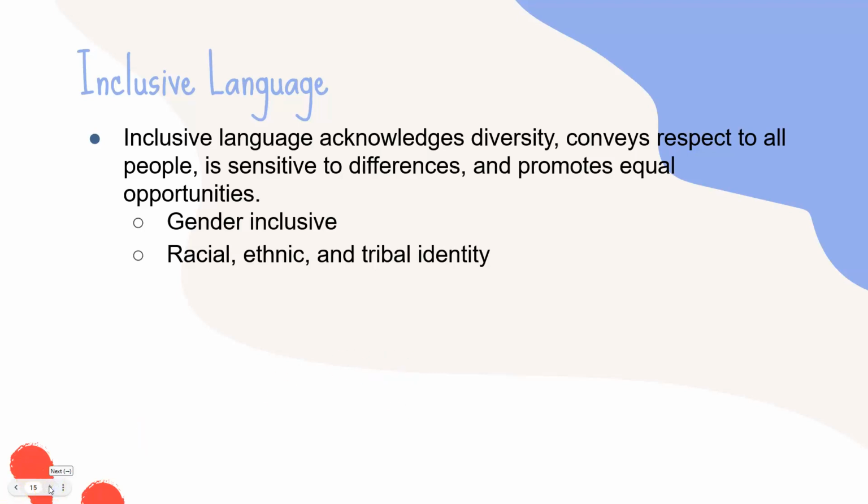And in these examples, it's best to just ask people, what are your pronouns, for example, and then in terms of racial, ethnic, and tribal identity, how do they want to be referred to? So I think that's always the best option, is to just ask somebody.